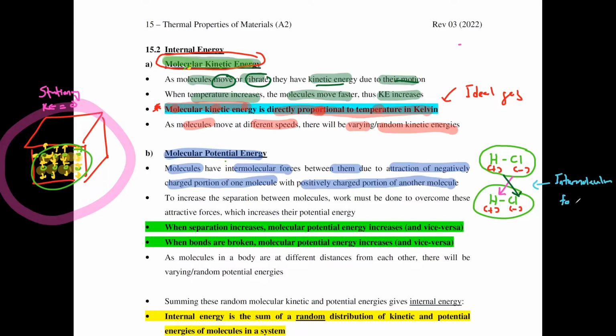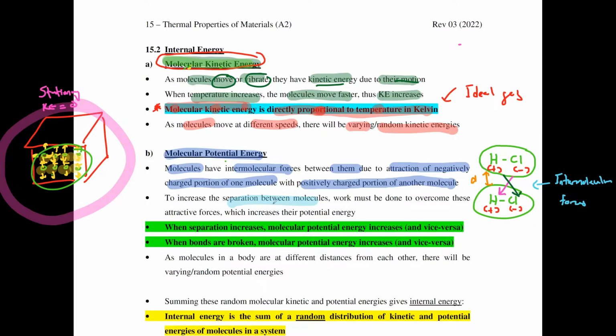Because your molecules have forces of attraction with each other, if you somehow want to increase the separation between the molecules, let's say there's a separation between the molecules like this, distance d.